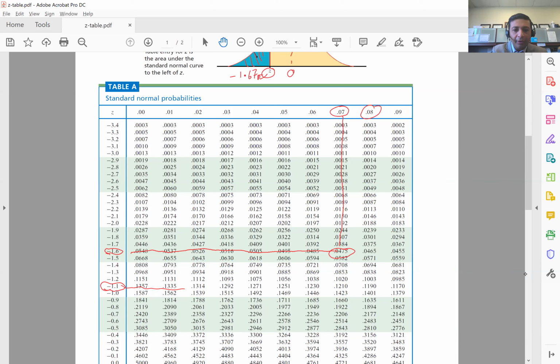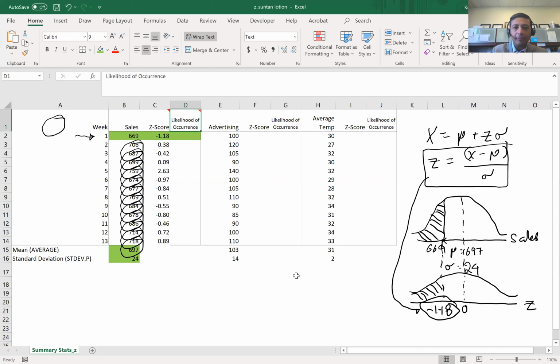They superimpose at this point of 0.1190, which becomes this area, 0.1190, the same as this area, which tells you that there is an 11.9% chance that your sales in this week will be $669,000 or less. 11% chance.